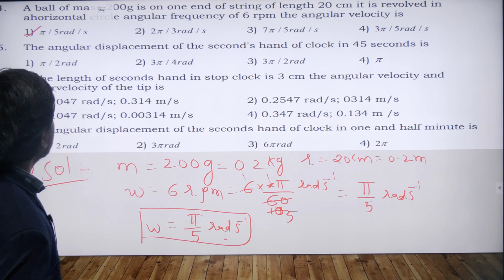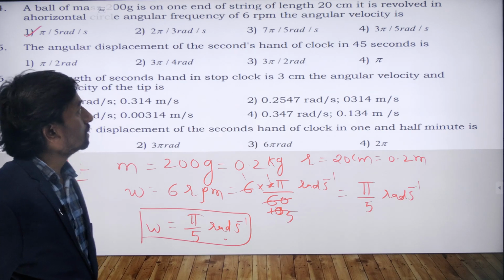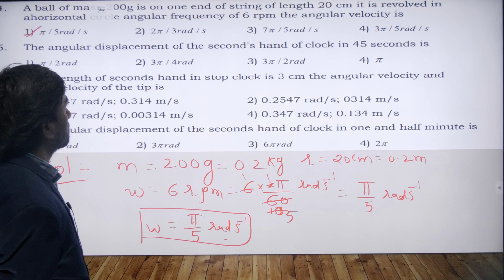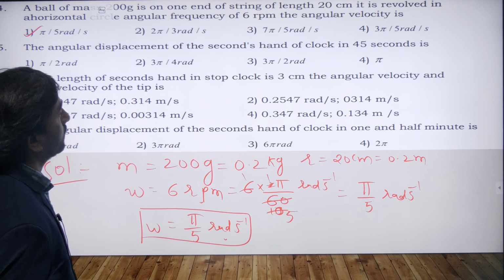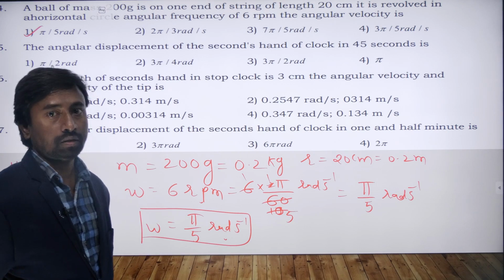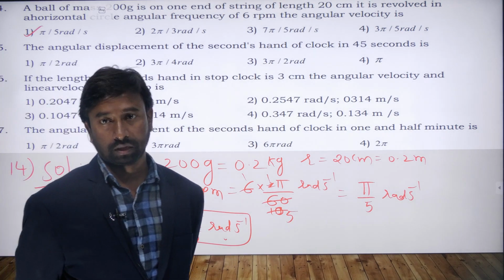The 15th question they are asking: the angular displacement of the seconds hand of a clock in 45 seconds. In 45 seconds, 3 by 4th of a revolution will be rotated there.